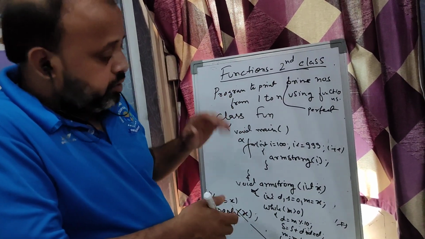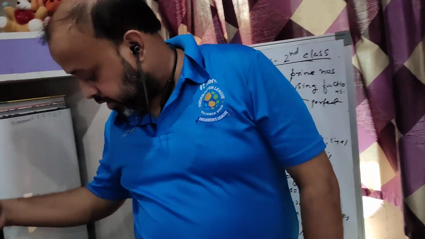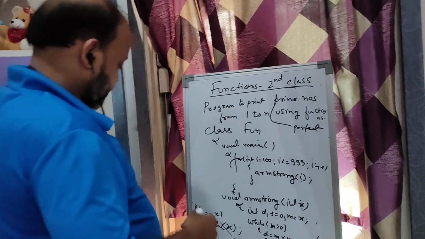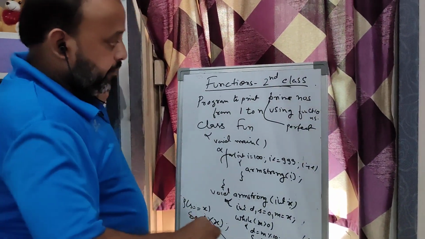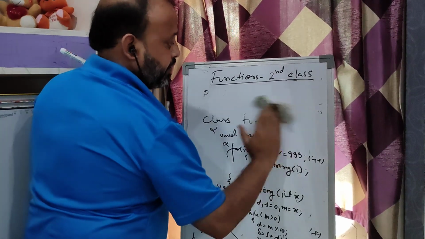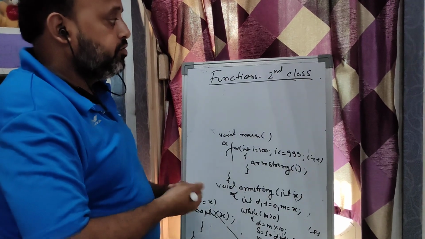So for next day, I am giving you some programs. You all can practice at home, because the next class will be on return type. You will not be doing void functions.